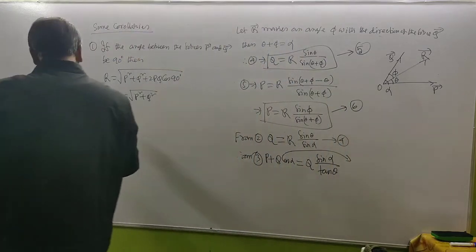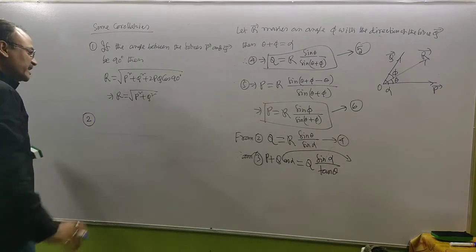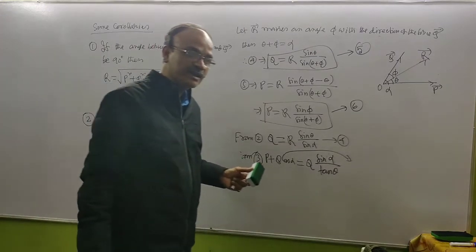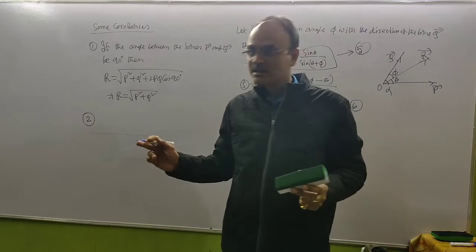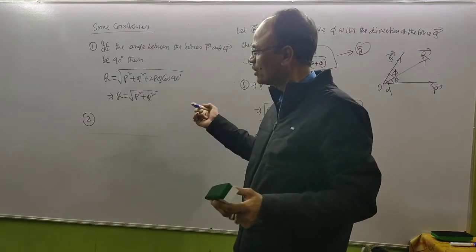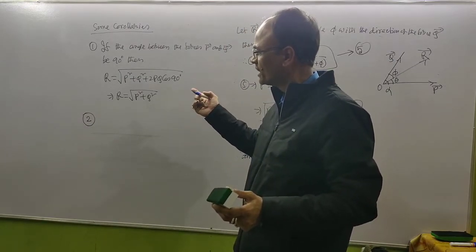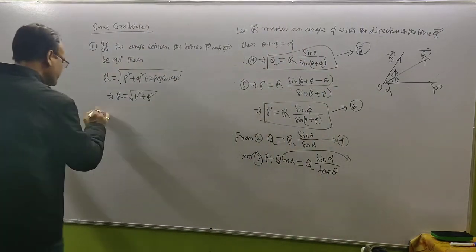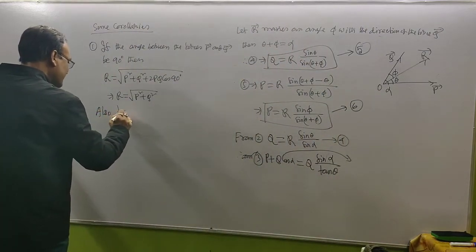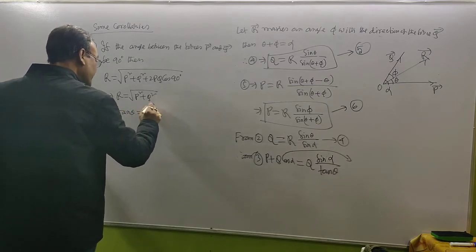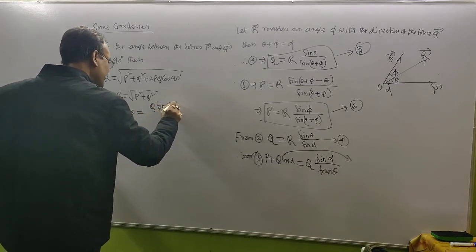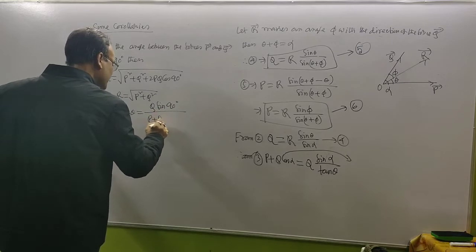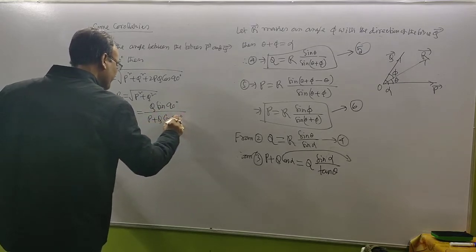Corollary number 2. Also, you may write one thing also. Tan theta equal to Q sin 90 degree divided by P plus Q cos 90 degree.